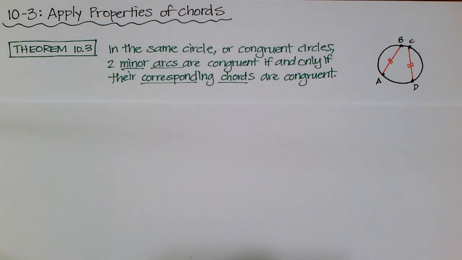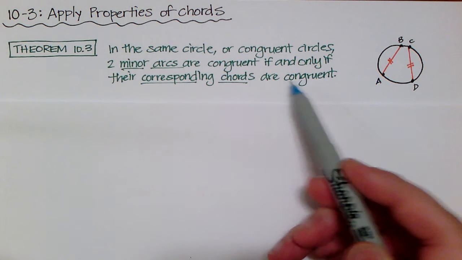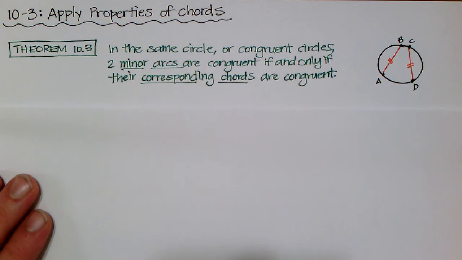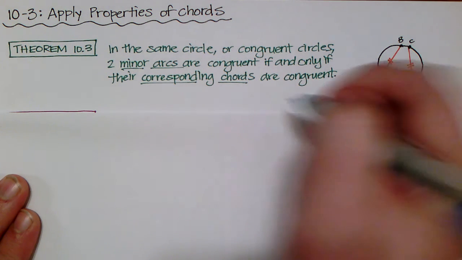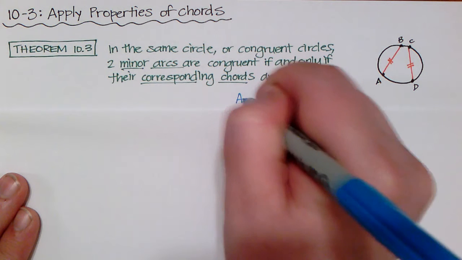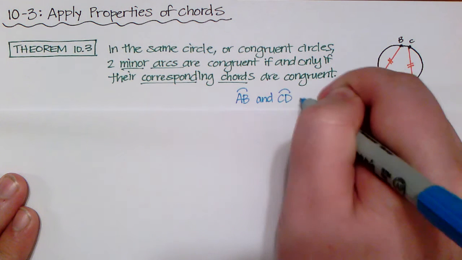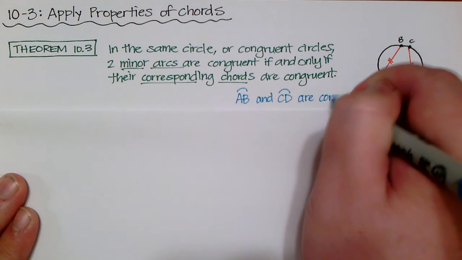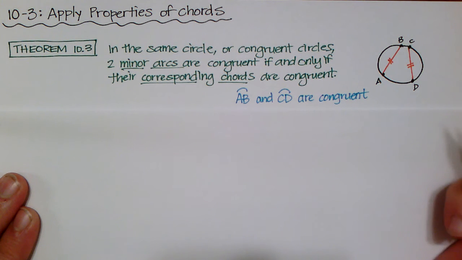Theorem 10.3 says, in the same circle, or it could be in congruent circles, two minor arcs are congruent if and only if their corresponding chords are congruent. So that means that if I found that arc AB and arc CD are congruent, if and only if the segments, those chord segments, are congruent as well.